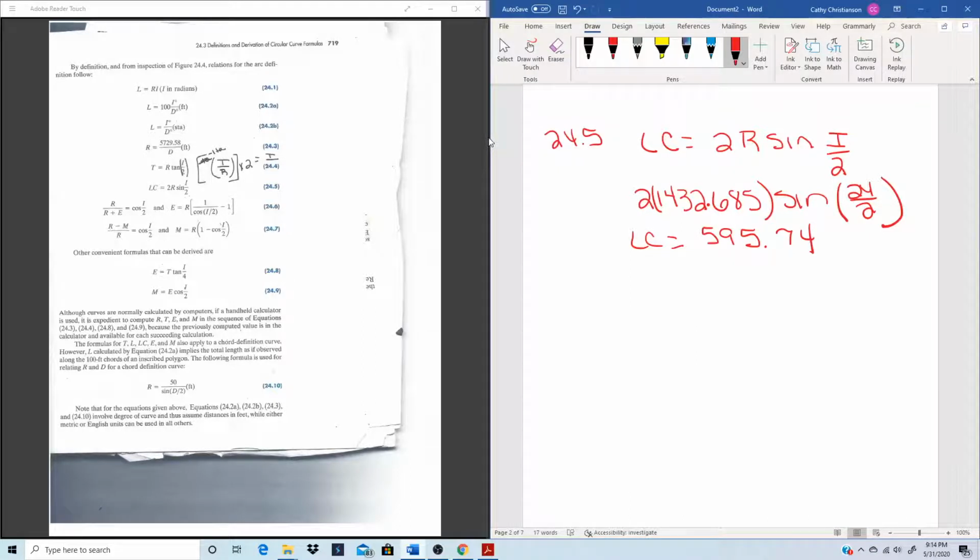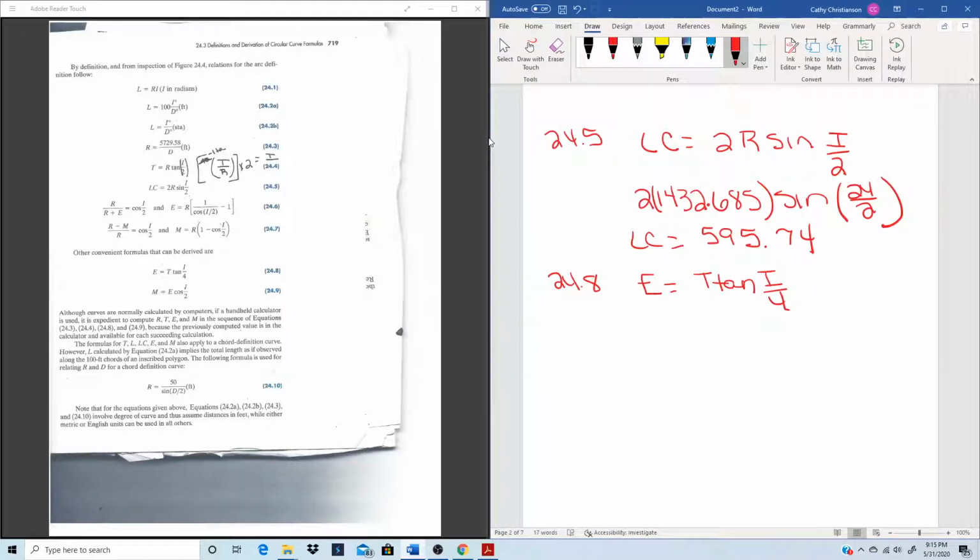I'm going to solve for E, which is 24(8), and E equals T tangent of I over 4.